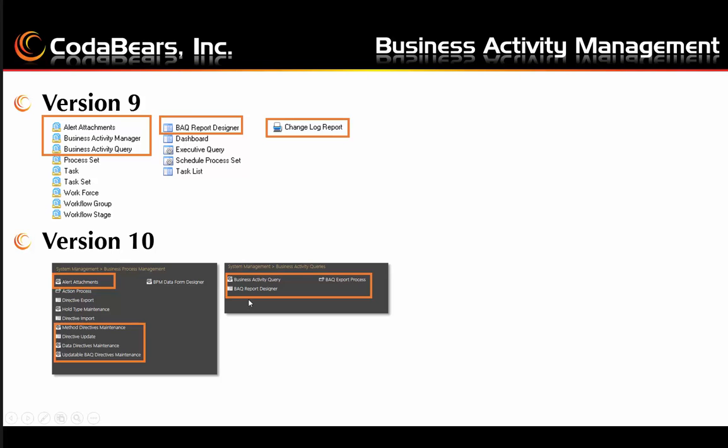And then in the business activity queries menu item, there's a whole separate area for the business activity queries, designing business activity queries, designing business activity query reports, and exporting business activity queries.